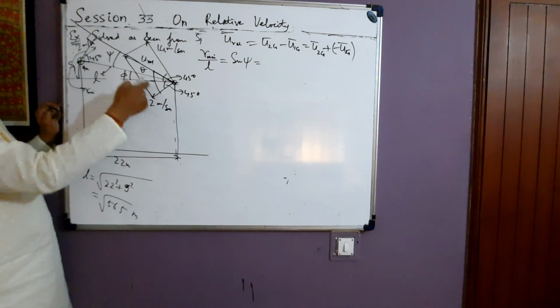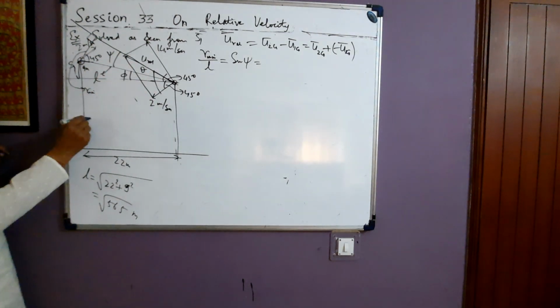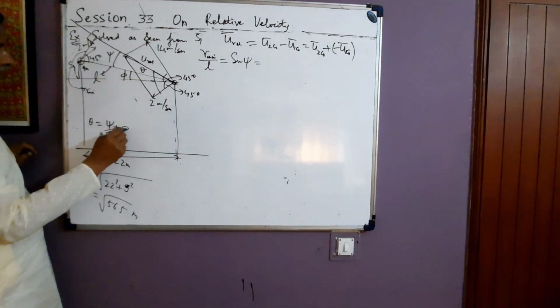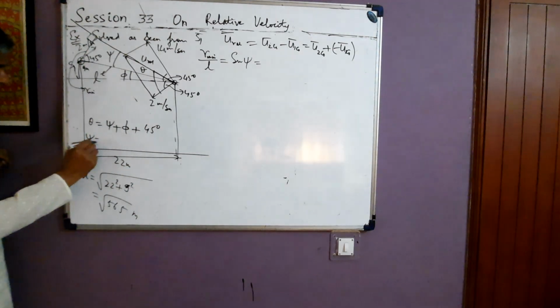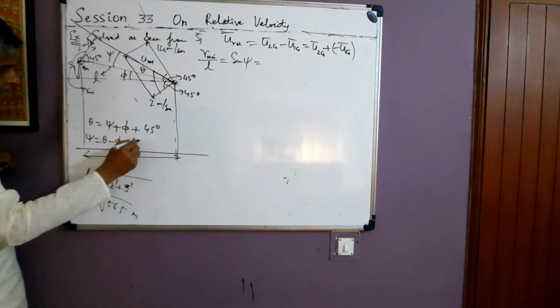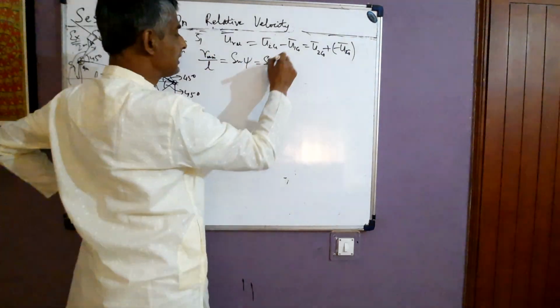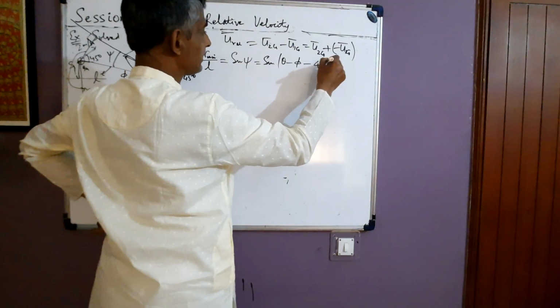This plus this angle is equal to theta from geometry. You can see it. Total angle theta is equal to psi plus this angle phi plus this angle 45 degree. So psi will be written as theta minus phi minus 45 degree. We substitute psi here. So this will be sine of theta minus phi minus 45 degree.